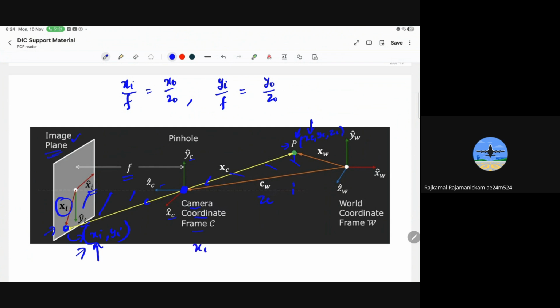So XI upon the distance F, equal to the x coordinate of this point, which is XC, and the z coordinate, which is ZC. Similarly for y coordinates, YI upon F is equal to YC upon ZC.